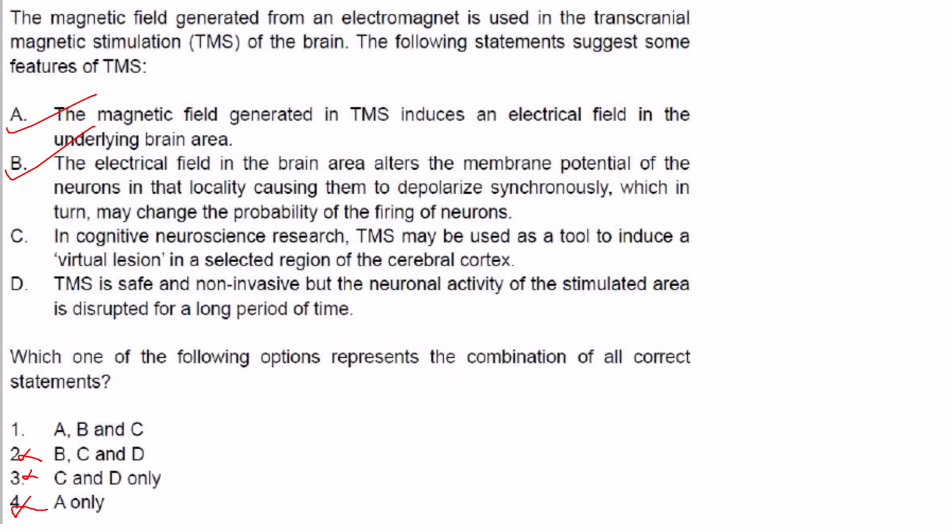Now TMS, I told you, you place a coil on the scalp and it generates a magnetic field, and the magnetic field passes through the scalp and it induces an electric current in the underlying brain area, and this induced electric current will depolarize the neurons in the targeted area, and this depolarization is temporary, and by observing the effects of this temporary disruption, you can study the behavioral changes in that region of the brain.